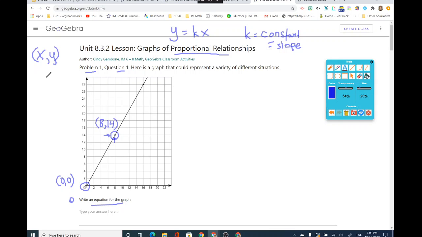And don't forget you can find the slope of a line: the slope between any 2 points equals y2 minus y1 divided by x2 minus x1. You can find the slope between any 2 points using this formula.